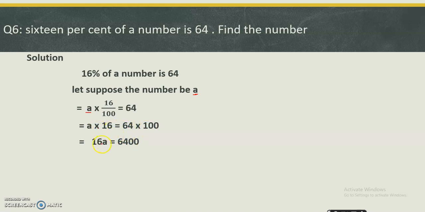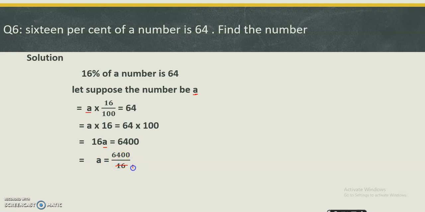Now A multiplied by 16 is 16A, is equal to 64 multiplied by 100 is 6400. Now we have to find the value of A, so we have to transpose 16 to the right hand side. Here 16 is multiplying by A, and when we transpose it to the right hand side, it will be divided. So A is equal to 6400 divided by 16.